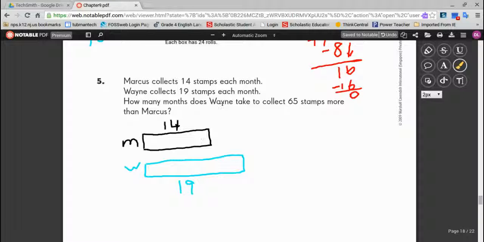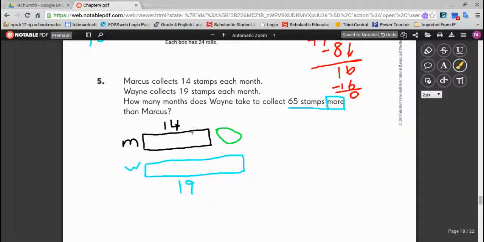How many months does Wayne take to collect 65 stamps more than Marcus? So here, I want to figure out how many months it's going to take Wayne to collect 65 more stamps. Not 65 stamps total, 65 more stamps than Marcus. So in order for me to figure that out, I need to figure out how much more he collects in 1 month. Alright, so the more is that empty space.